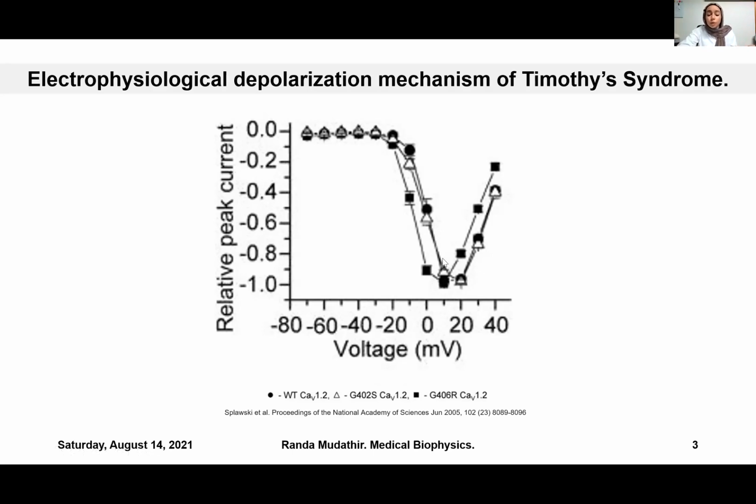As we can see, there's about a -9 millivolt shift in the steady state of the L-type calcium channel. Again, this is caused by a mutation that's induced. This shift indicates that the channel inactivation is impaired, and this results in a prolonged action potential. Keep that in mind as I explain what happens to the repolarization.